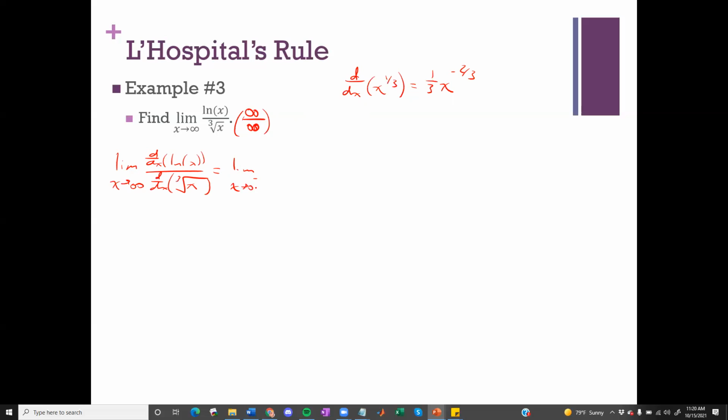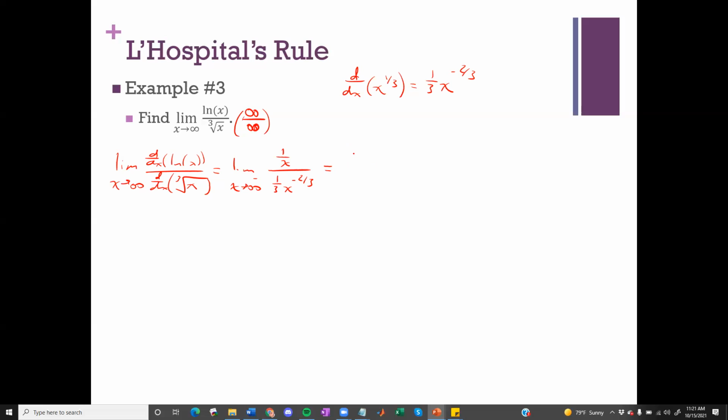Limit operator. All right. So now that I know this limit is equal to the one that I originally cared about, we're bringing this x to the 2/3 up, so that's going to give me this.